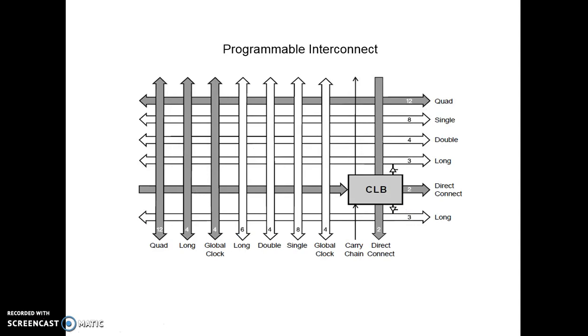Programmable interconnect. The number in each arrow indicates the number of wires in that signal path. The 4 wires in the group labeled global clock are optimized for use as clock inputs to the CLBs, providing short delay and minimal skew.